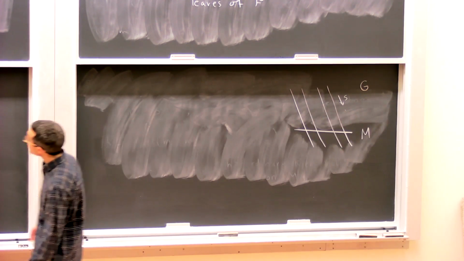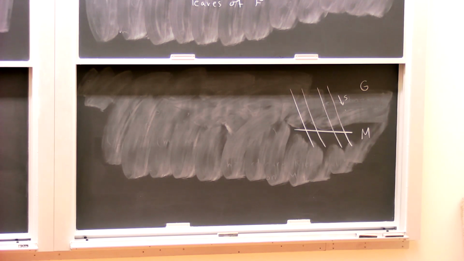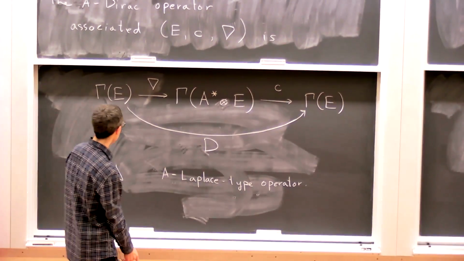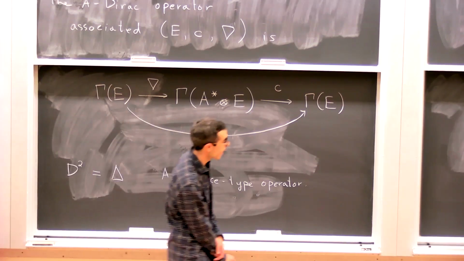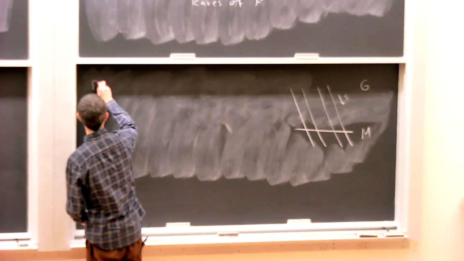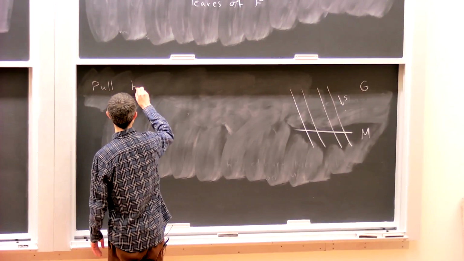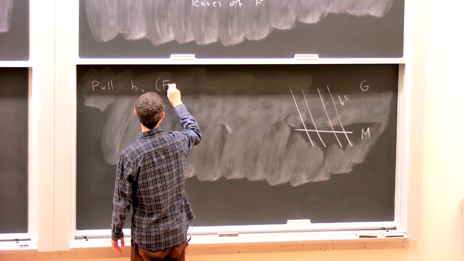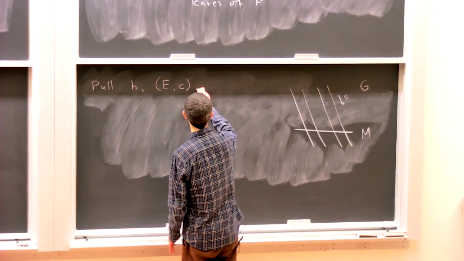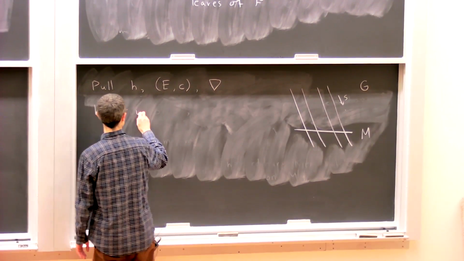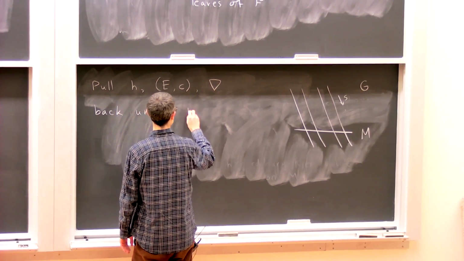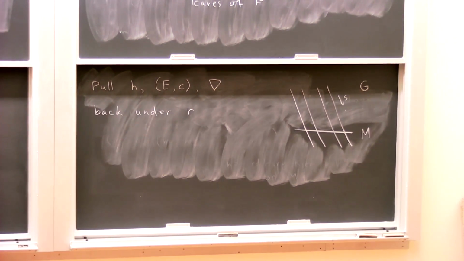What you can do is take all of this data that I've been talking about, the metric on A, this bundle of Cliff A star modules, and the connection, and pull all of that back under the range map. So pull H, this bundle, and the connection back under the range map.